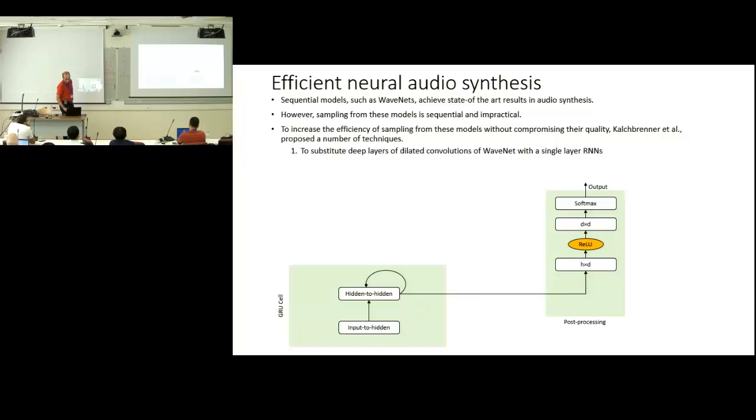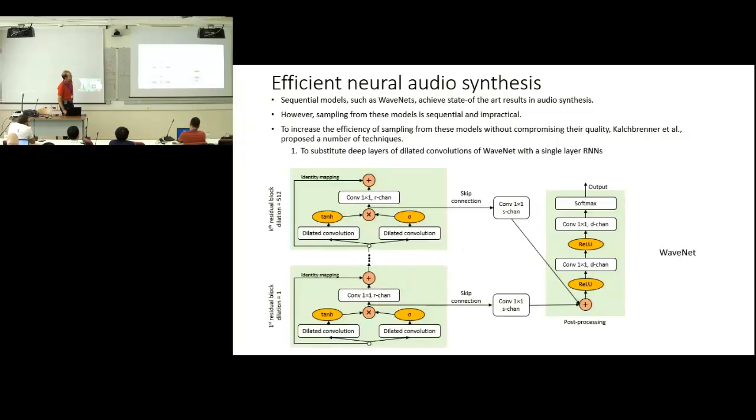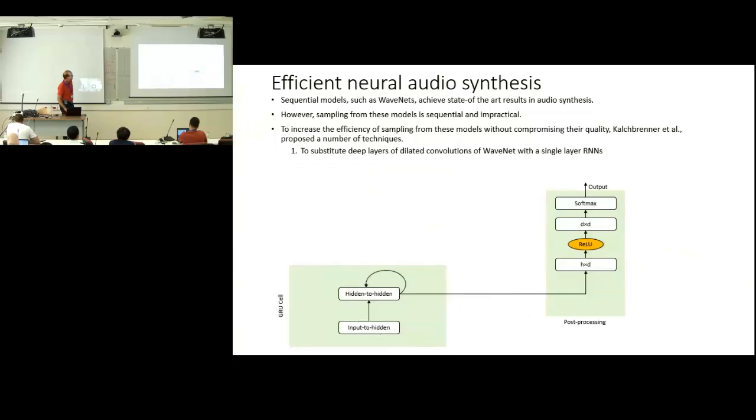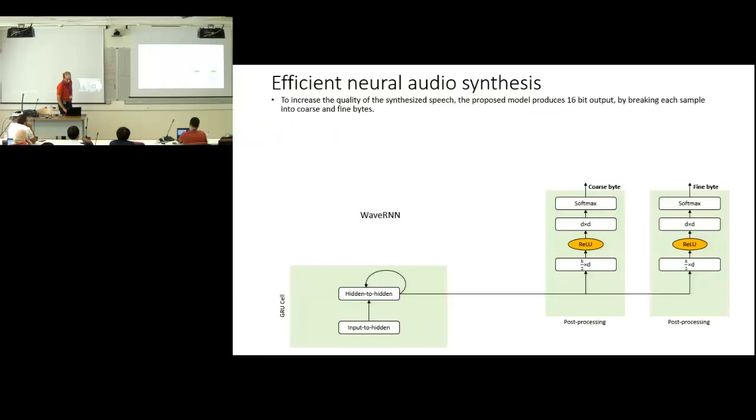We keep the post-processing network as before. You see the difference? The post-processing is kept. Only this part changes, because we don't sum up all the residuals, so we don't need to pass through a non-linearity. And instead of convolution, we just have matrix multiplications, because the dimension in a recurrent neural network is slightly different than in a convolutional neural network, but this is just a technical issue, not important. So from the computational point of view, now we have much fewer multiplications and additions to do. So this runs much, much faster.